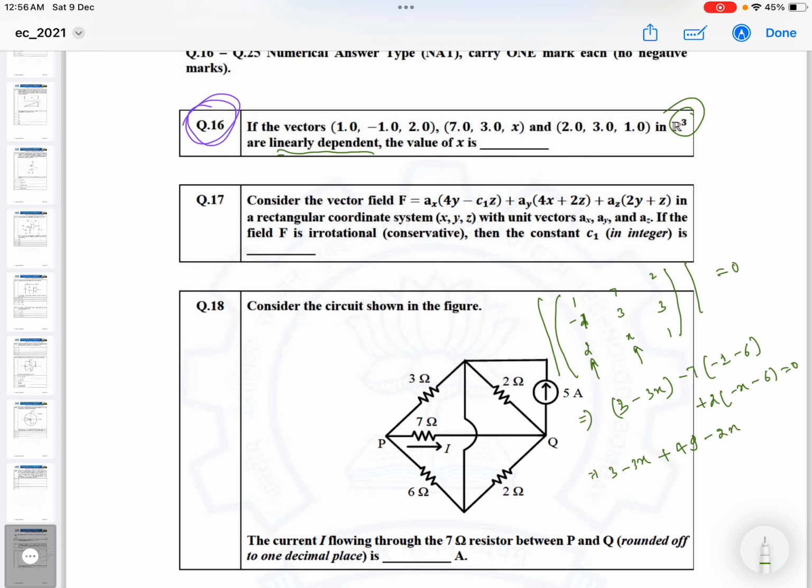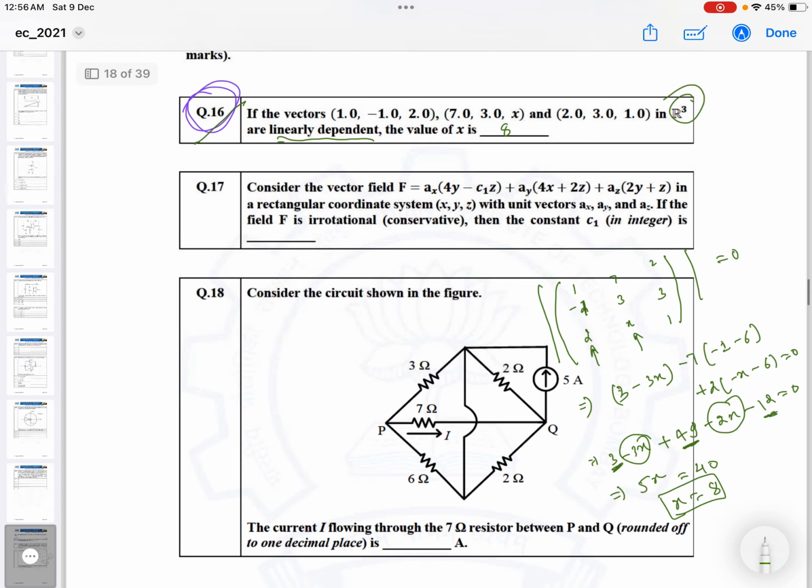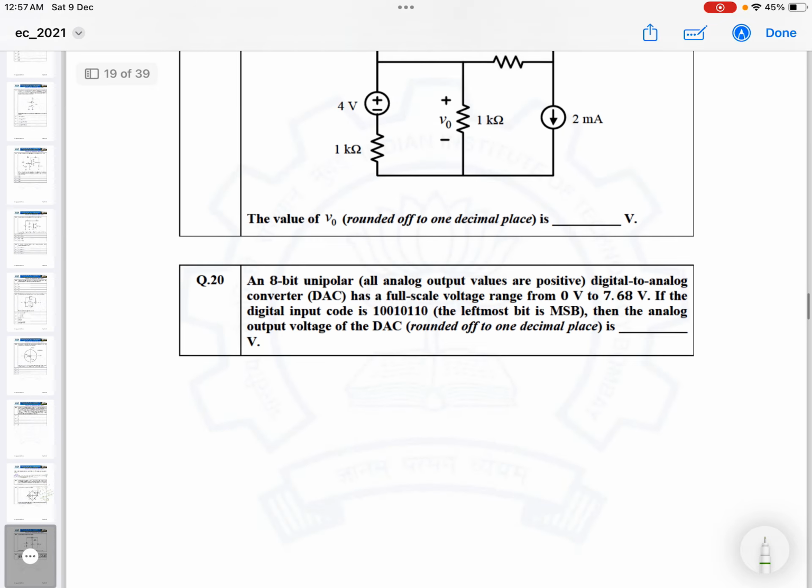And minus 2x and minus 12 is equal to 0. Now we can write this as 5x, and here we will have 49 plus 3 minus 12, that will be 40. So x is equal to 8. So 8 is the correct answer for this. Let's move to the next question.